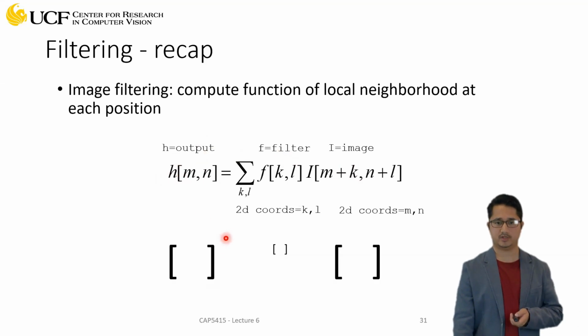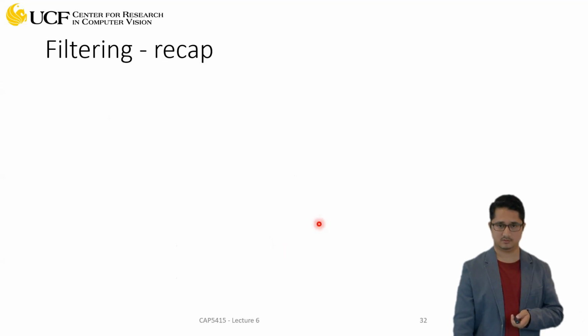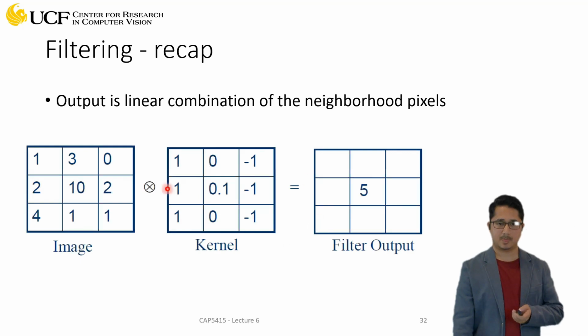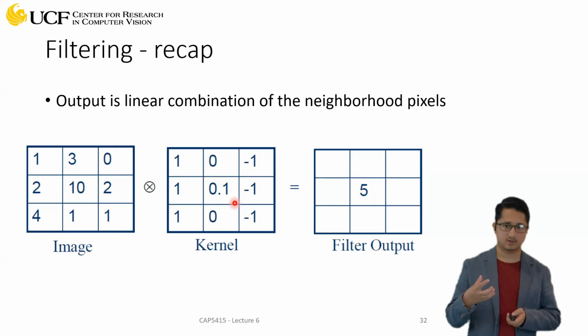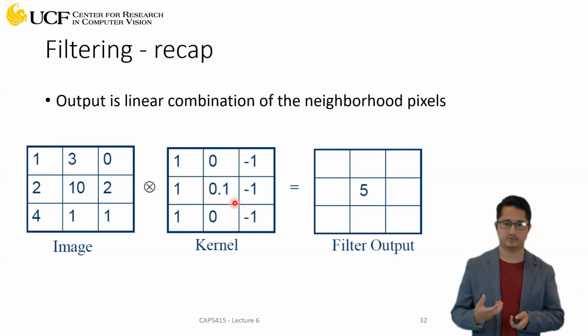Otherwise, you will get a very low activation. If this is your image patch, a very small patch of a big image, and this is your kernel, all you do is perform filtering, which is just element-wise multiplication of these values, and you can just add up those values. This is the basic filtering operation which is performed inside your convolutional neural networks.